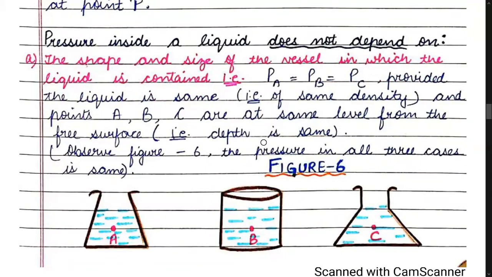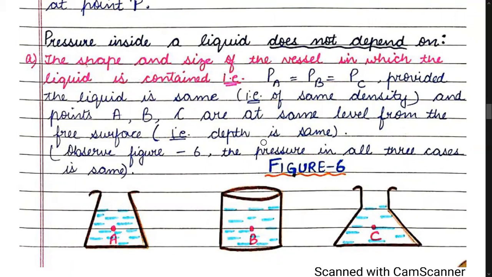Now, children, pressure inside a liquid does not depend on, firstly, the shape and size of the container or vessel in which liquid is contained. So children, see figure number 6.